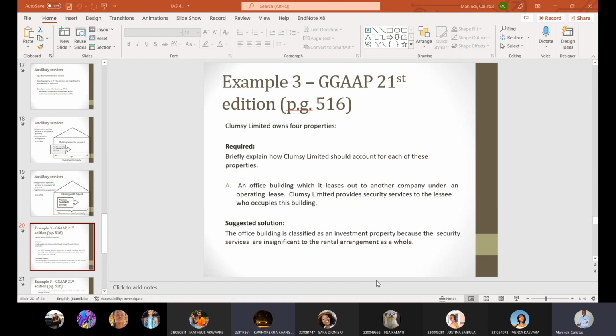In the example that I gave you, I gave property, let's just say a developer that has built properties for the purpose of resale. In that instance, those houses will be classified as inventories because the main objective is to resell them. So they will not meet the definition of IAS 16, property, plant, and equipment, and it will also not meet the definition of IAS 40, investment property.